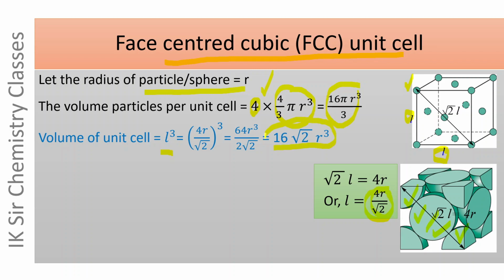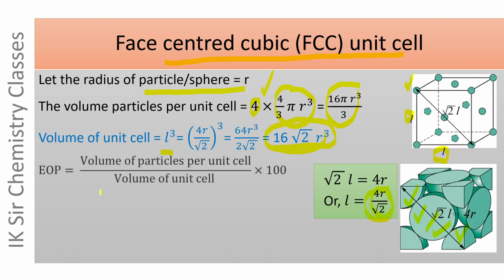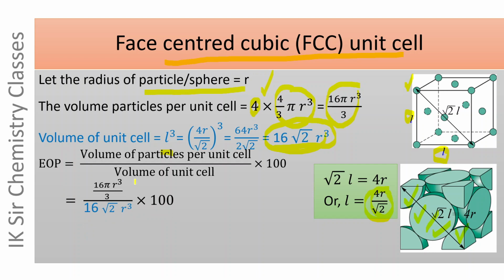This is the volume of the FCC unit cell, and the efficiency of packing will be calculated by dividing the volume of particles per unit cell, 16 pi r cube divided by 3, by the volume of the unit cell, 16 under root 2 r cube, multiplied by 100. On solving, 16 pi r cube by 3 is again divided by 16 under root 2 r cube and multiplied by 100. r cube will be cancelled out.